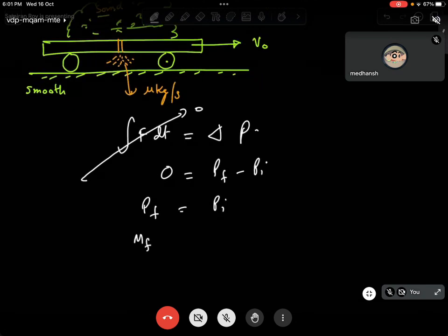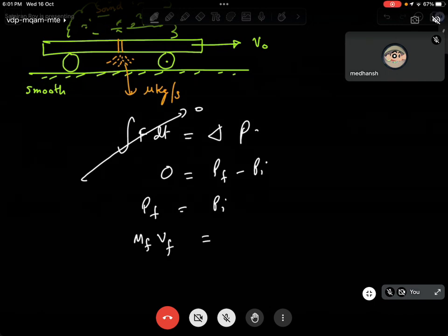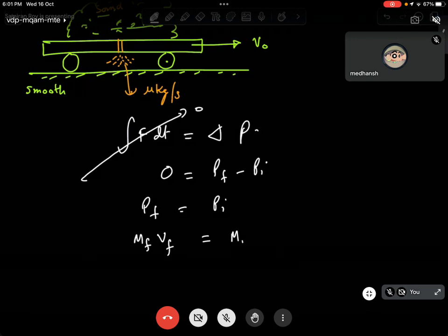Final mass, final velocity equal to initial mass, initial velocity. Final velocity you have to find.